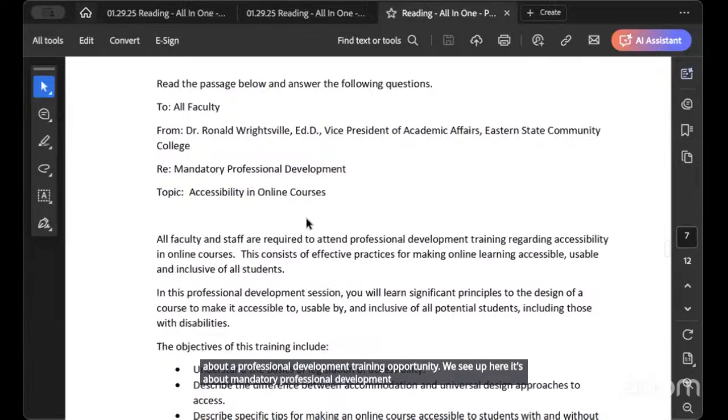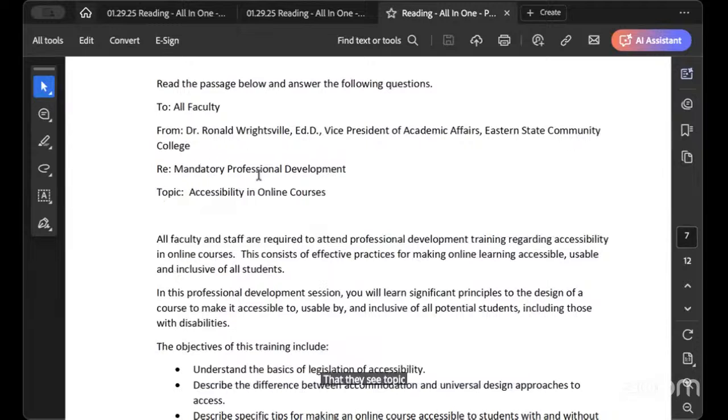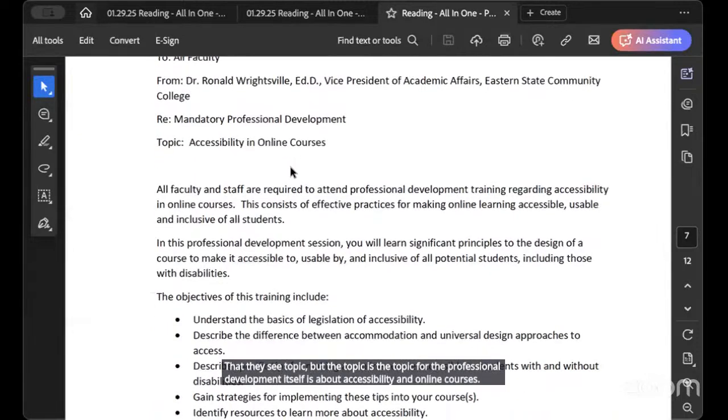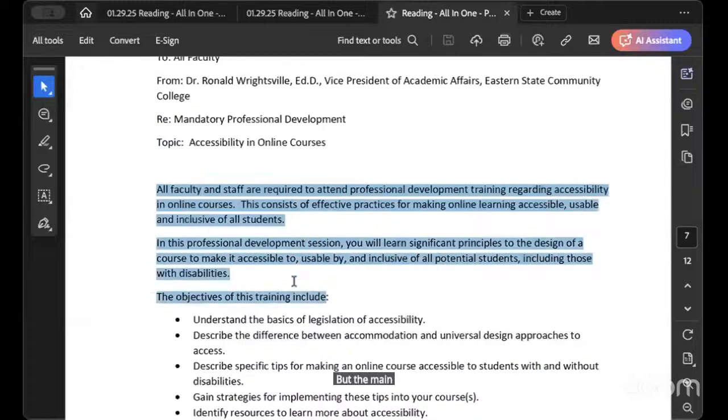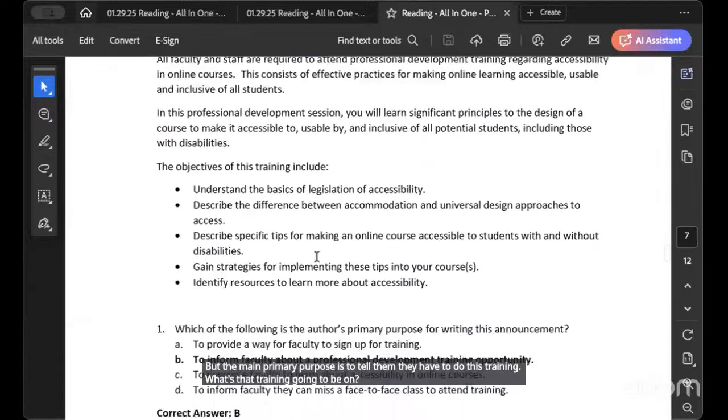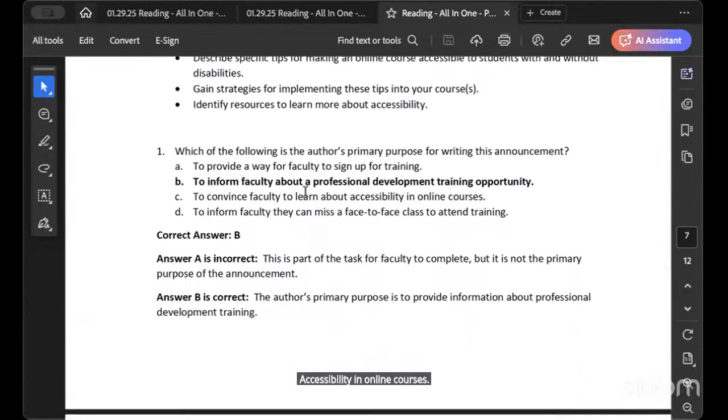The topic of that professional development, that's where it gets confusing for students sometimes, is that they see topic, but the topic for the professional development itself is accessibility and online courses. But the main primary purpose is to tell them they have to do this training. What's that training going to be on? Accessibility and online courses. So that's where it gets a little confusing.